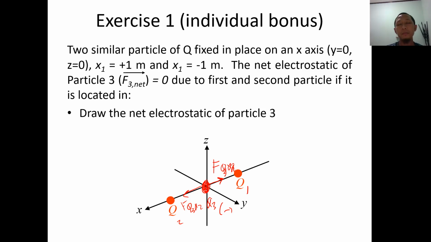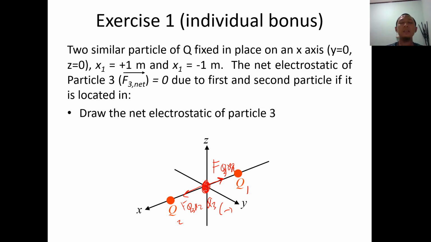So the sign of the charge of Q3 is free. I mean that it doesn't matter. It will be okay if Q3 is negative, as long as the position of Q3 is in the middle of the Cartesian axis like this one, so the net force must be 0.